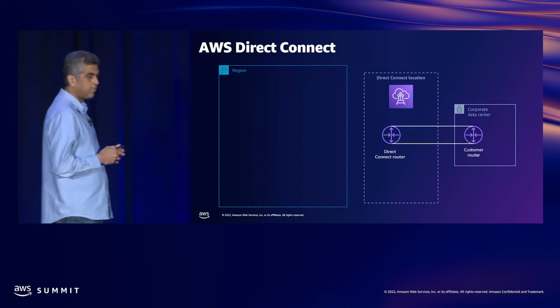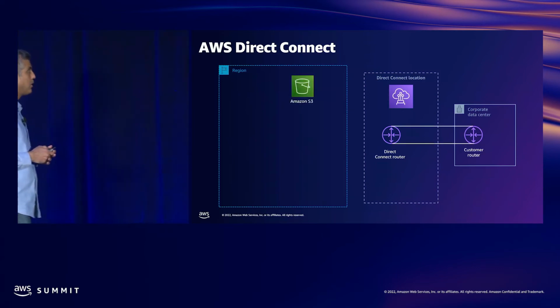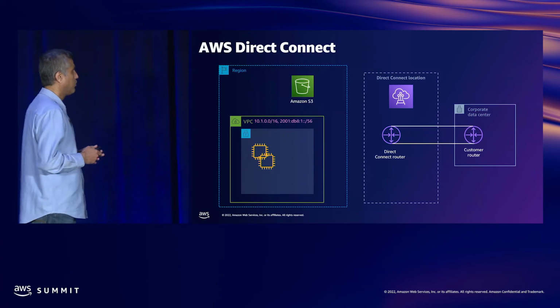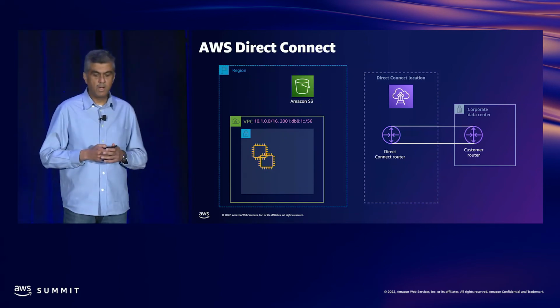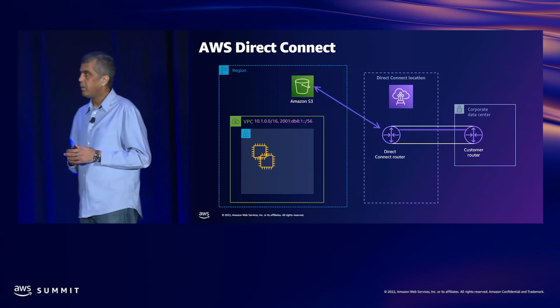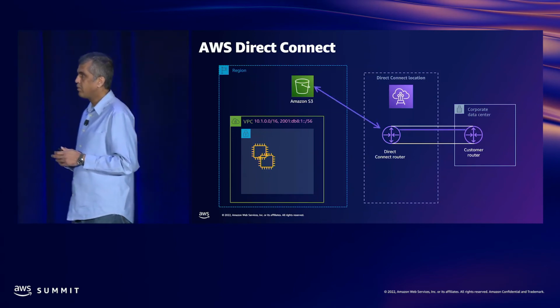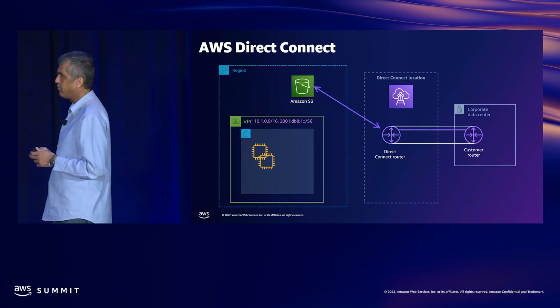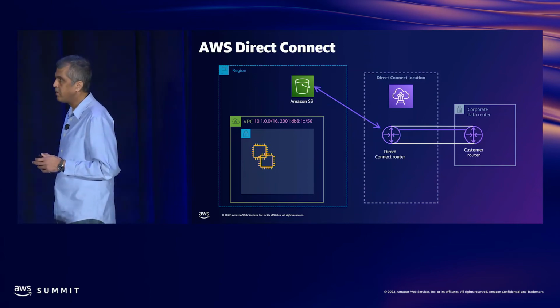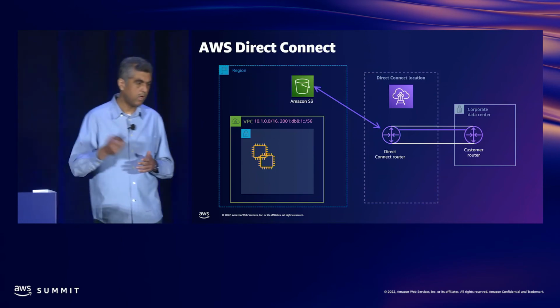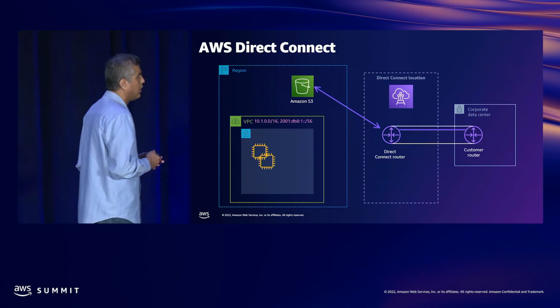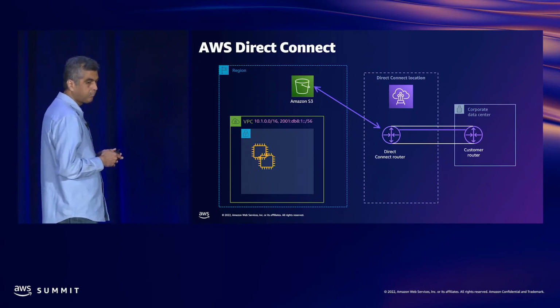Once the physical connection is set up, you set up your logical interfaces on top of it, which are virtual interfaces. And they allow you to privately access any service, any resource that may be running inside your VPC, or any of our public services, for example, S3 in this case, Dynamo, and many others that we saw earlier over the same connection.